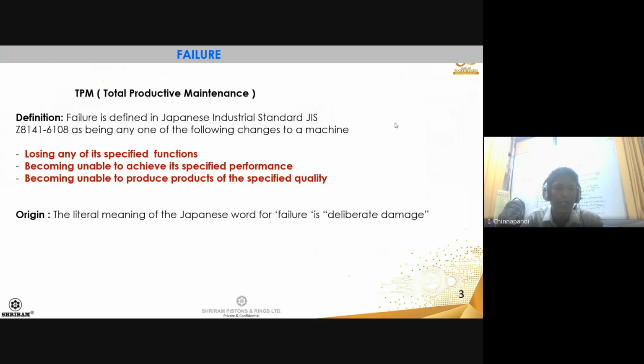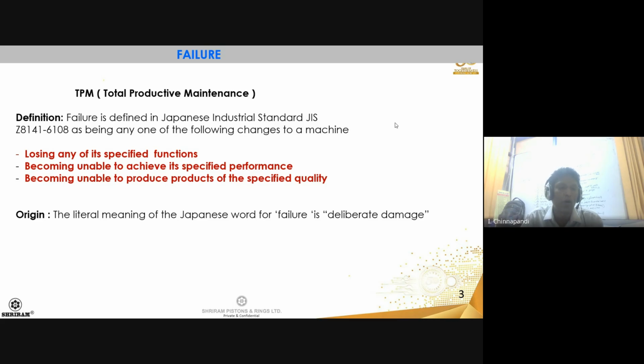The third point is becoming unable to produce products of a specified quality. The machine has to produce the specified quality and meet the quality standards.